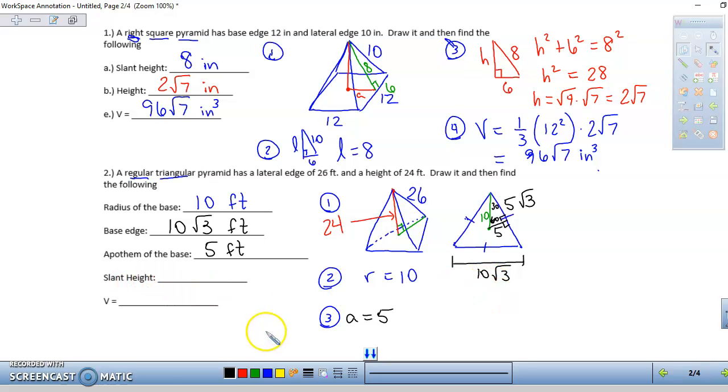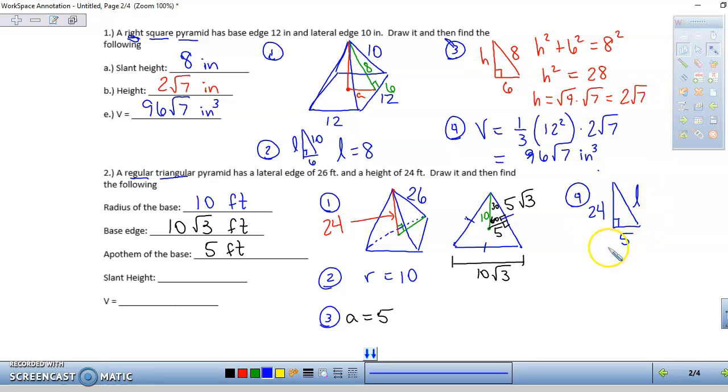Okay, next thing, slant height is actually quite difficult. Or it's a really terrible number, I should say. So the slant height is going to be, again, on the splitting of this lateral face into 2 congruent triangles, and it makes a right angle at the midpoint. So what we could use for that is the apothem. So the apothem drawn out here is 5, and then the height, which we know is 24, and then that will give us the slant height.